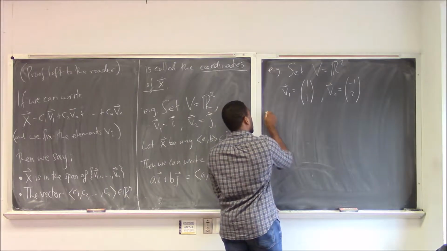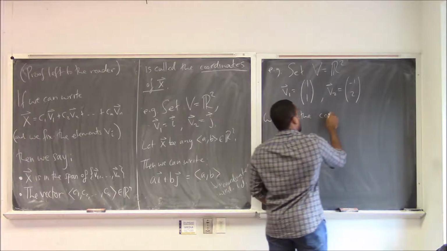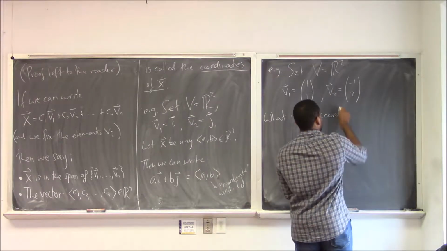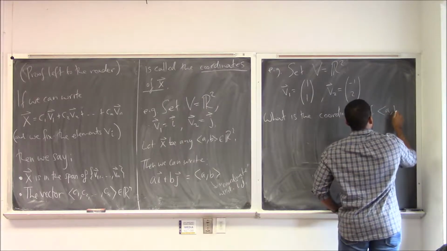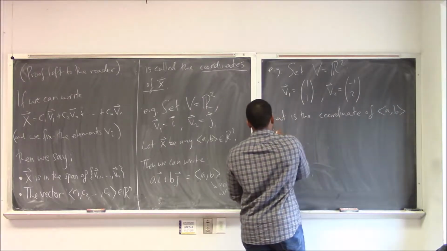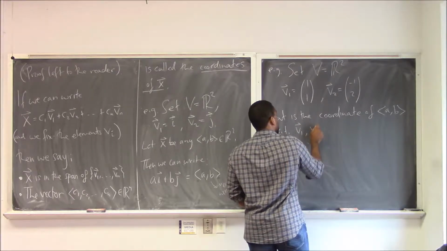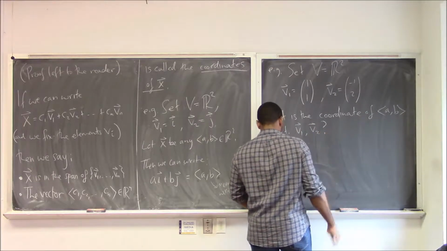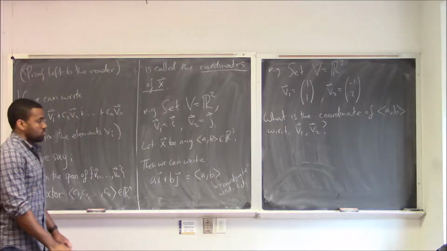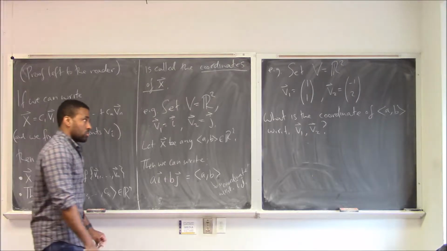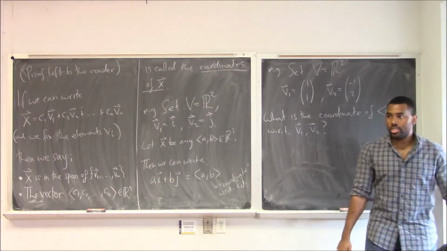And here's the question. What is the coordinate of the vector (a, b) with respect to these guys? How would you go about answering that question?